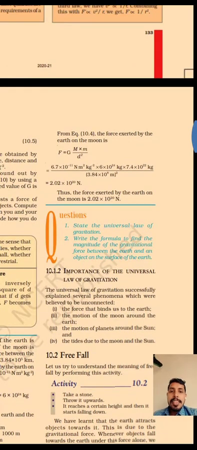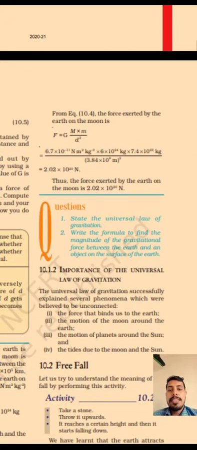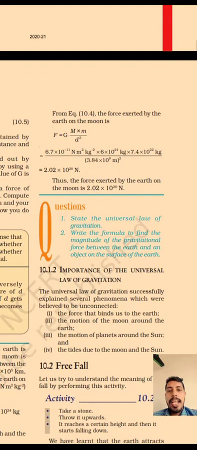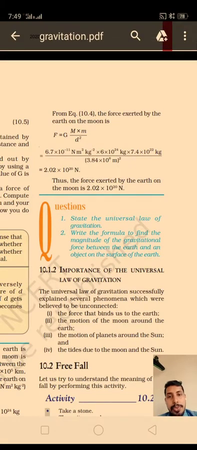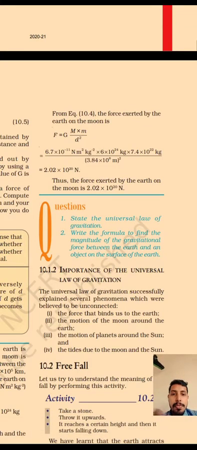Okay, then the force exerted by the earth on the moon is F is equal to g into m divided by d square. In that, 6.7 into 10 raised to minus 11 Newton meter square per kg square is g, into the product of the two masses.